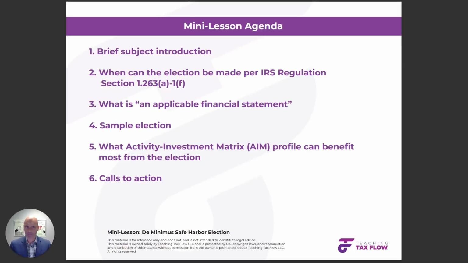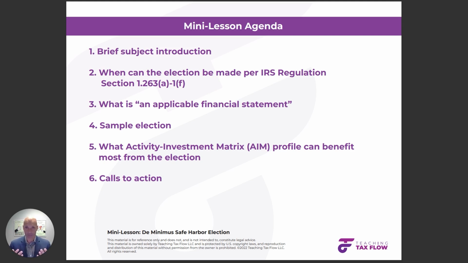So I gave you a little bit of a brief subject introduction already. We're going to talk about when that election could be made per IRS regulation section 1.263(a)-1(f). I won't say that anymore, that long drawn out verbiage. But all we know is we're going to get a little technical in this mini lesson like we do in many. We're going to talk about what an applicable financial statement is. That's a term the IRS uses to define the size of the business and when you could take this safe harbor election.